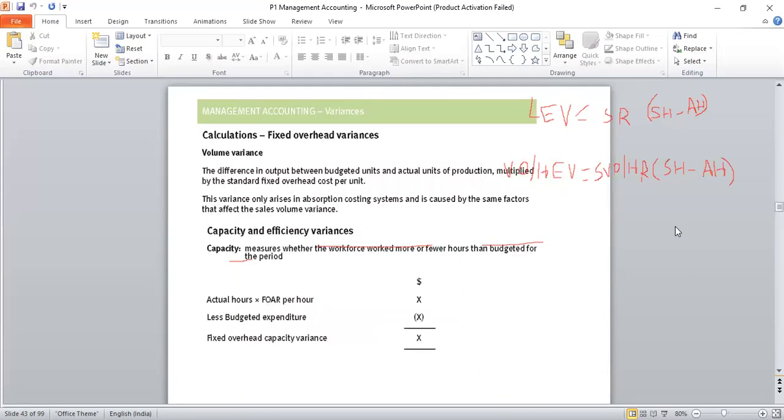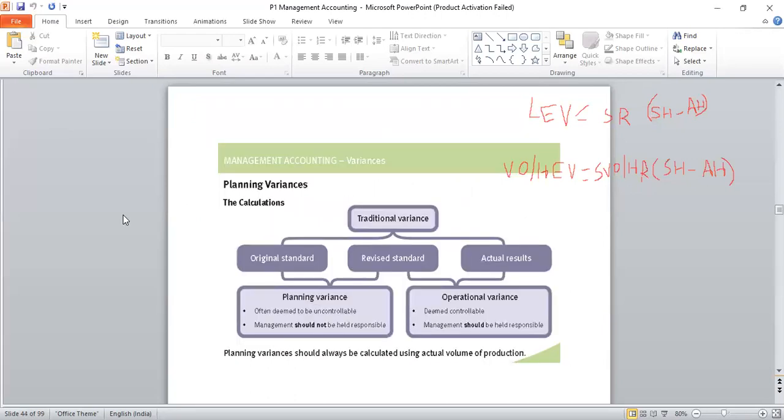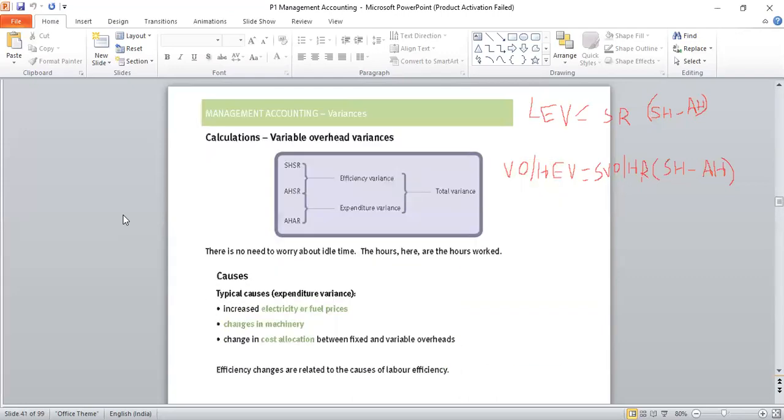Then under fixed overhead variances, we have volume variance, and we have capacity and efficiency variance. First, let's start working out the questions about fixed overhead variance.